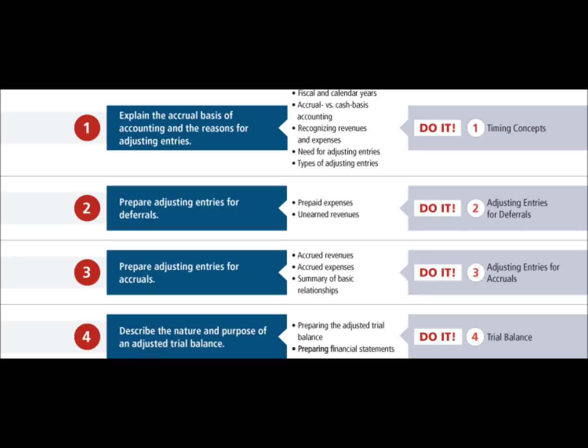Okay, so how am I going to record this? Depreciation is an expense. So what would we do? Debit depreciation expense, 1,900. Where's my credit go?